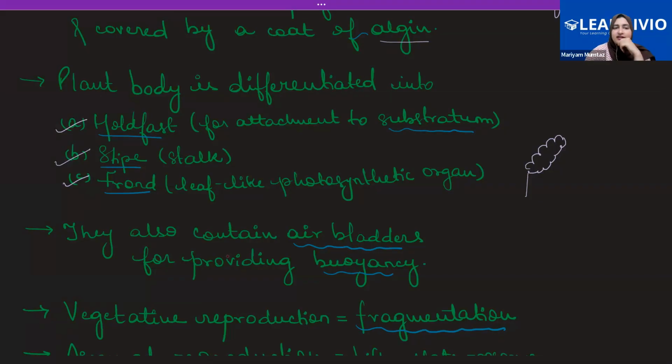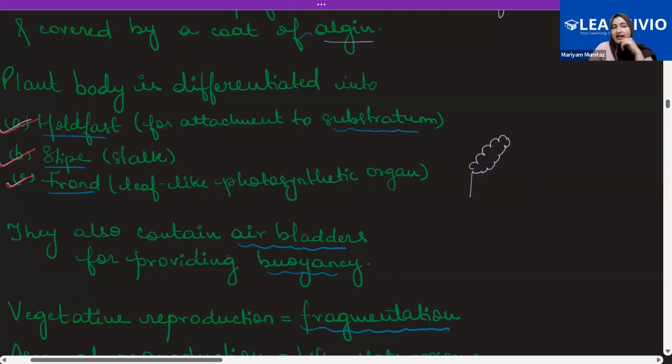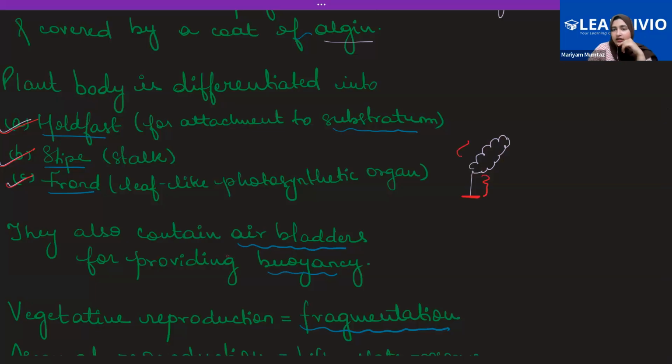Its structure is divided into holdfast, stipe, and frond. Holdfast is the part of the body that is held at the bottom, responsible for attachment. Stipe is the stalk part, and the frond is the leaf-like photosynthetic organ. Leaf-like, it's not a leaf. It's an organ that looks like a leaf.